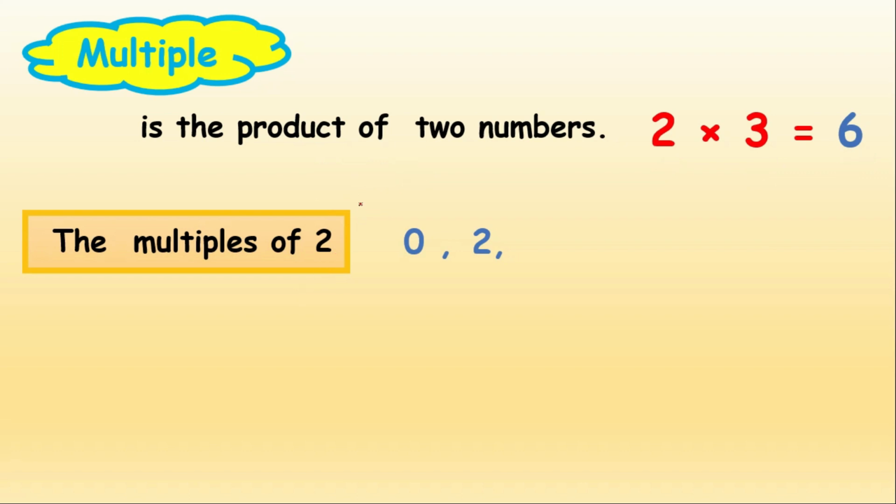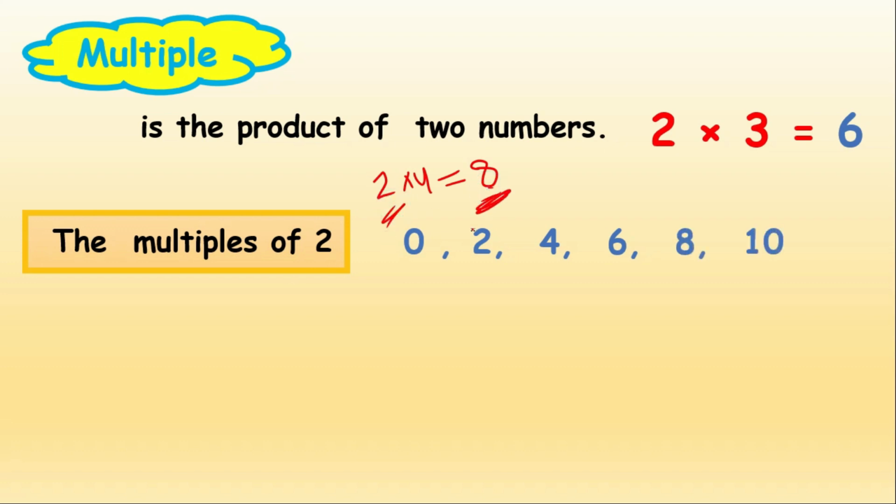And so on. 2 times 2 equals 4, so 4 is a multiple of 2. And so on. 2 times 3 equals 6, so 6 is a multiple of 2. And also 2 times 4 equals 8, so 8 is a multiple of 2.